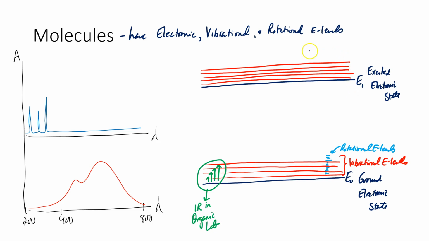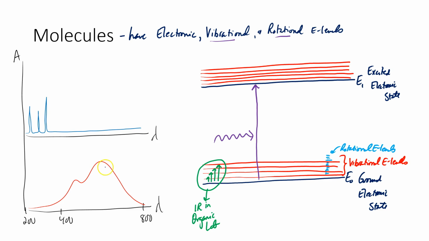But does the existence of these vibrational and rotational energy levels possessed by molecules explain why we have a broad band here? I think it may. Imagine if we have a photon and it interacts with our sample and it promotes our molecule from the lowest vibrational energy level in the ground electronic state to the lowest vibrational energy level in the excited electronic state.